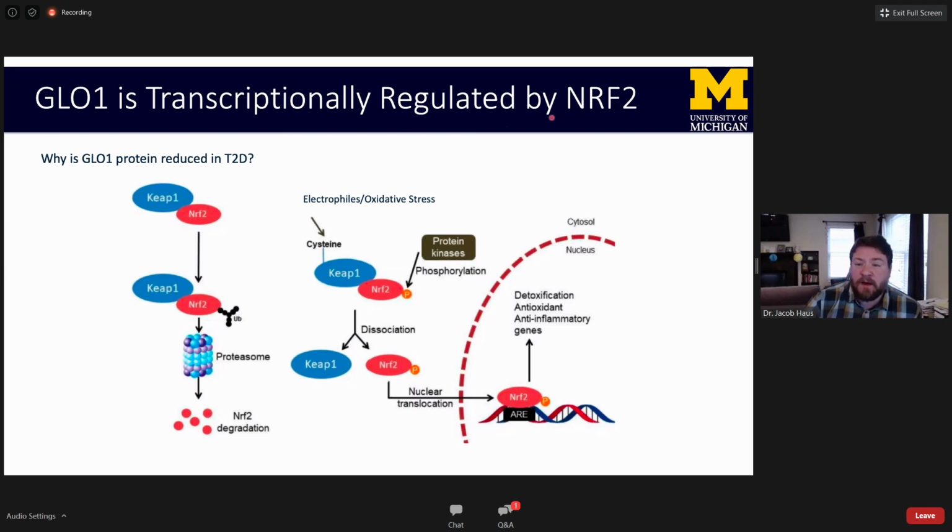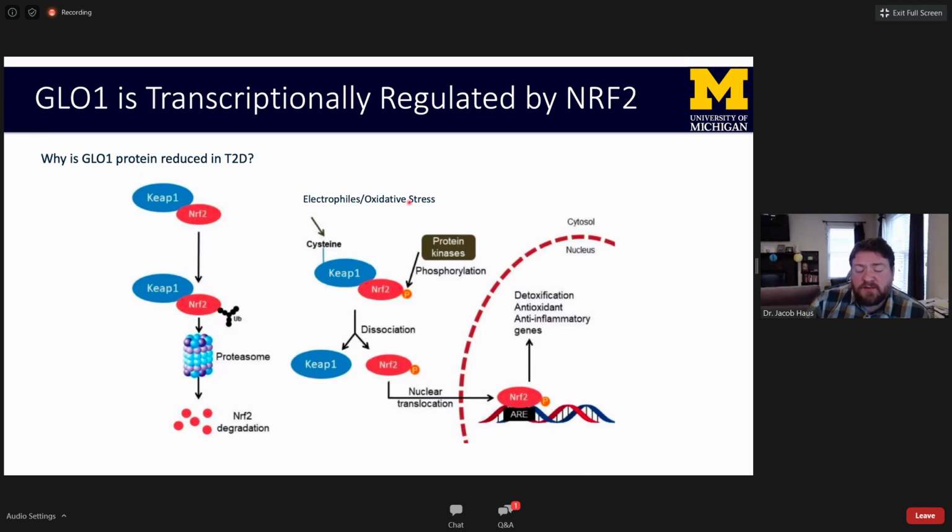It's regulated by NRF2, which, as many of you know, is an important transcription factor responsible for the transcriptional regulation of antioxidant and anti-inflammatory genes. NRF2 is sequestered or chaperoned by a protein called KEAP1. When KEAP1 is around, it binds NRF2 and allows NRF2 to be tagged by ubiquitin. Ubiquitin is then recognized by the proteasome, and NRF2 is degraded.